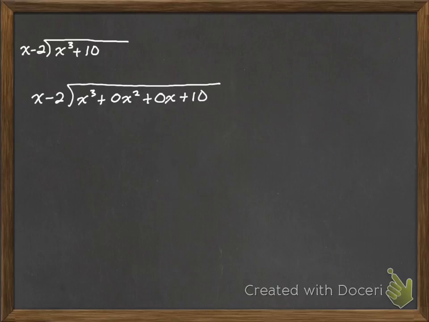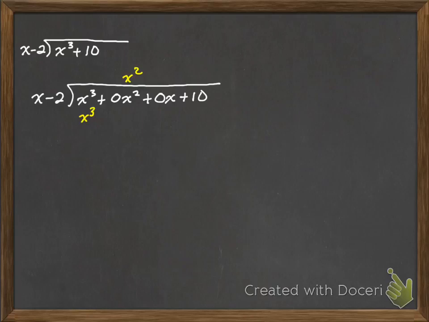Now, if the values out here also are missing a place value, we need to include the placeholder here as well. Okay. All right, so doing the division here then, x times x squared will give us the x cubed that we need.